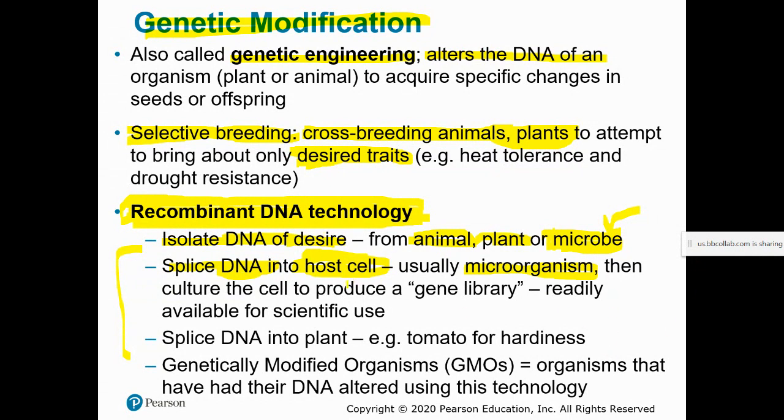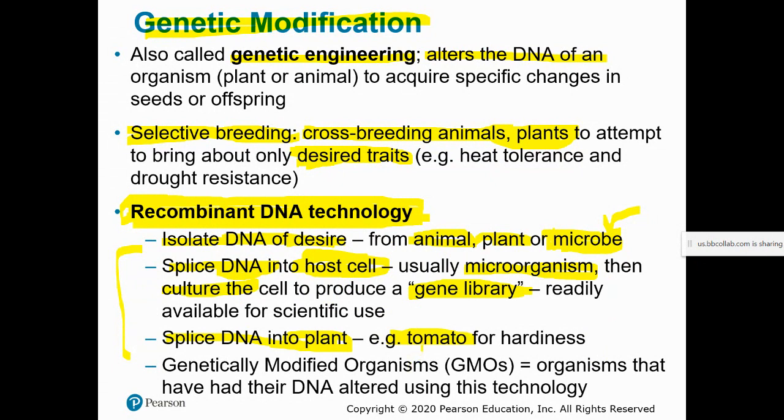So you splice this DNA of interest into the host microorganism, culture the microorganism so that it reproduces, and you kind of get this, again, sort of gene library where you have hundreds of thousands of copies of this gene or this DNA. And then you take that DNA segment for pesticide resistance, and now you're going to put it into a plant, like your tomato plant.